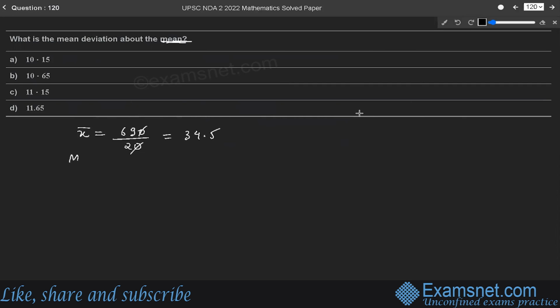Now mean deviation about mean is given by summation of fi into the absolute value of xi minus x bar upon summation of f.